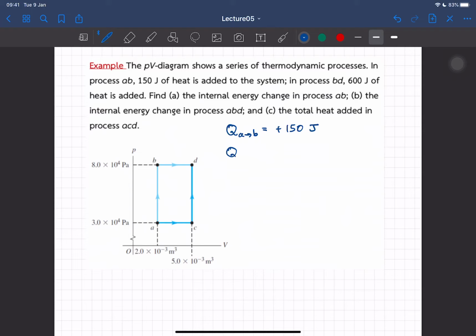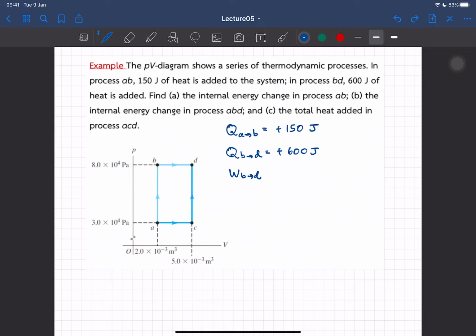So Q, B to D, how much do we add? Well, we add 600 joules, so that's another plus 600, okay? But then from B to D, you do some work, right? So the work done from B to D is no longer 0, even though from A to B it is 0, right? Because the area under the curve is 0.